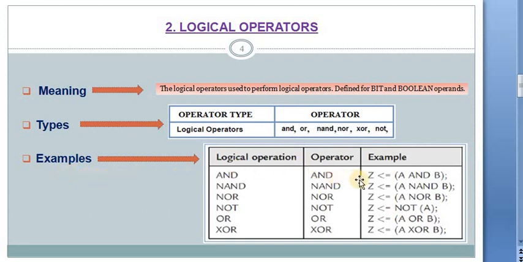As you see, the logical AND can be applied as Z is assigned the value A and B. Similarly, for logical NAND, Z is assigned the value A NAND B. And in the next statement, for the logical NOR, Z is assigned the value A NAND B. Similarly, for logical NOT, Z is assigned value NOT A. And for the logical OR, Z is assigned value A or B. And for the XOR gate logic, the code is Z is assigned the value A XOR B. So in this way, the logical operators are applied in the VHDL codes.